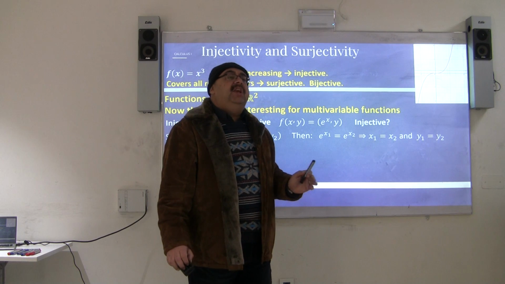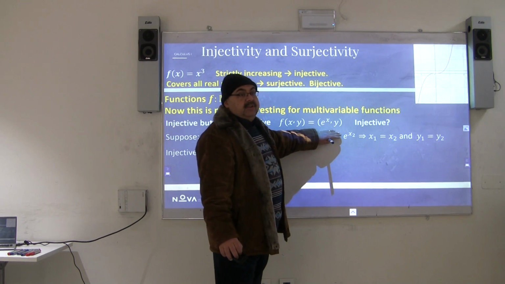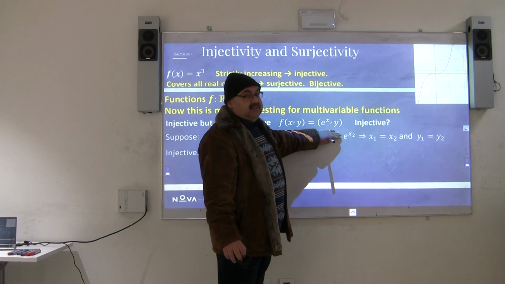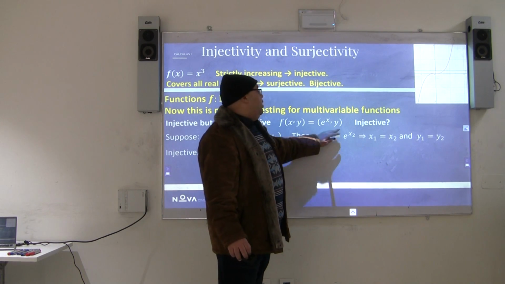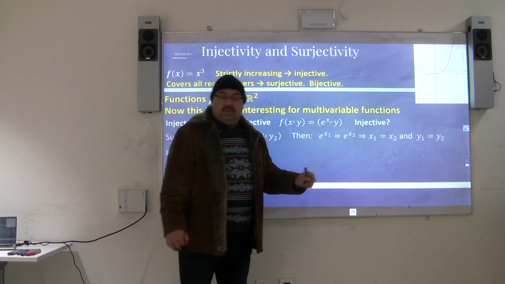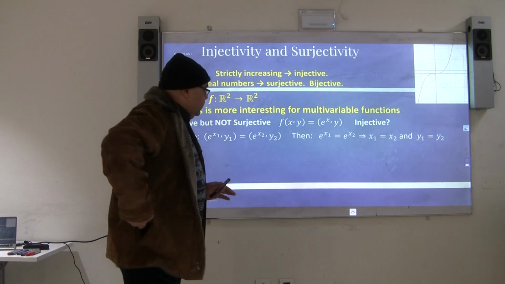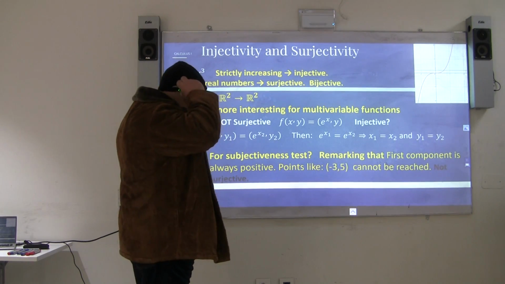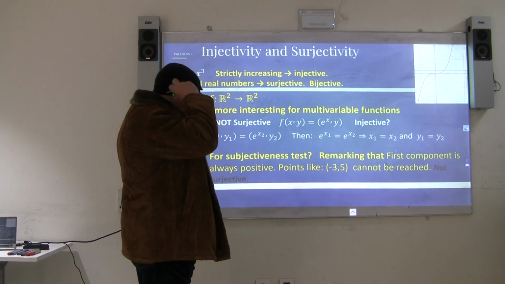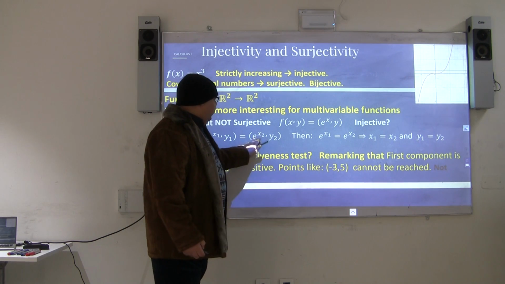So points like (negative 3, 5), is it possible to have them here? Is it possible to have (negative 2, 6)? No. You can find the 6, the 5, but you can't find a negative value. This is why it is not surjective. So for this particular example, as you can see, for the surjective test, remarking that the first component is always positive, e to the power of x is always positive.